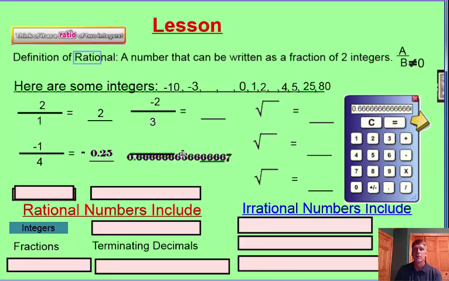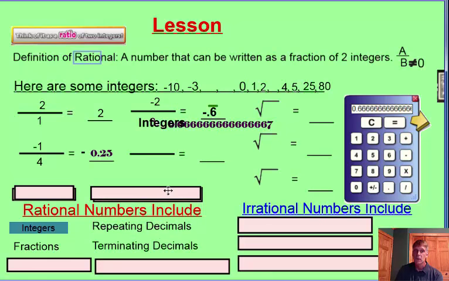There's an easier way to write that. It's 0.6 with the repeating bar above the 6. So if you look, this doesn't stop, but it repeats, and I can write a fraction for it. So repeating decimals are also rational numbers. They're a ratio of two integers.